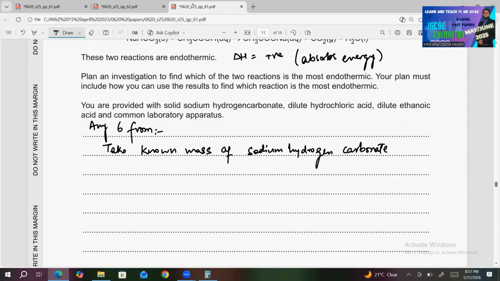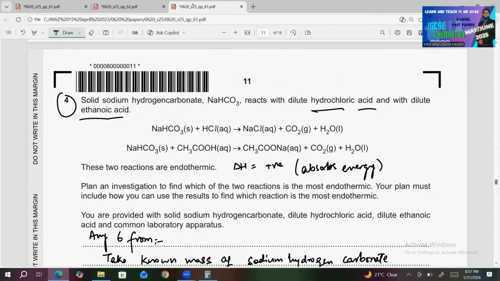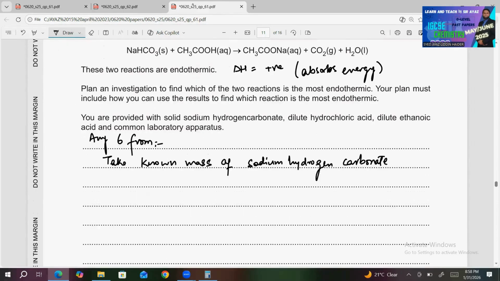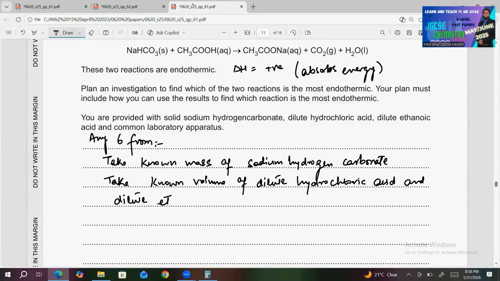Again, you have to take the known volume of dilute hydrochloric acid and dilute ethanoic acid. So take known volume of dilute hydrochloric acid and dilute ethanoic acid. You have to mention for both in this one statement.